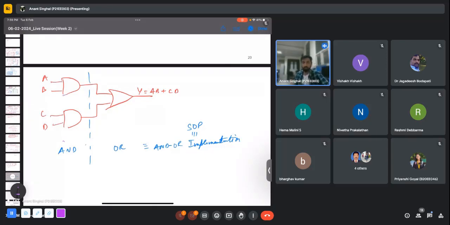So now the shortcut for doing the AND-OR implementation, why I said that using the SOP implementation you can make any circuit easily using a NAND gate, is, first of all let me know, if I have two NOT gates in series, and if I give input A, what will be the output Y?